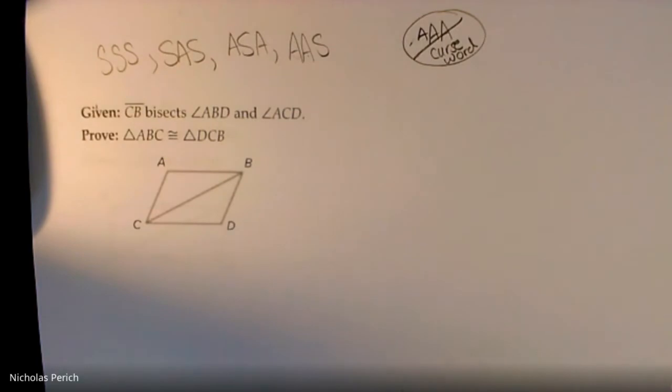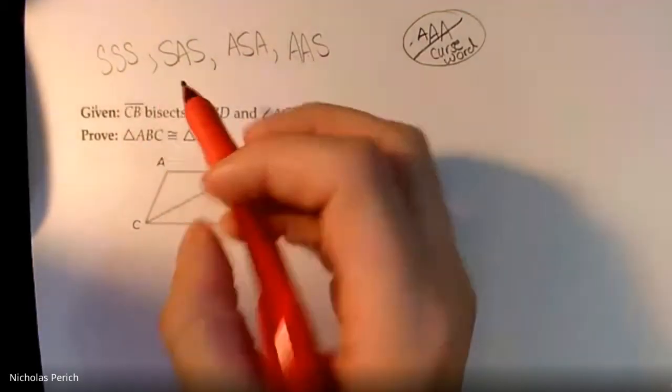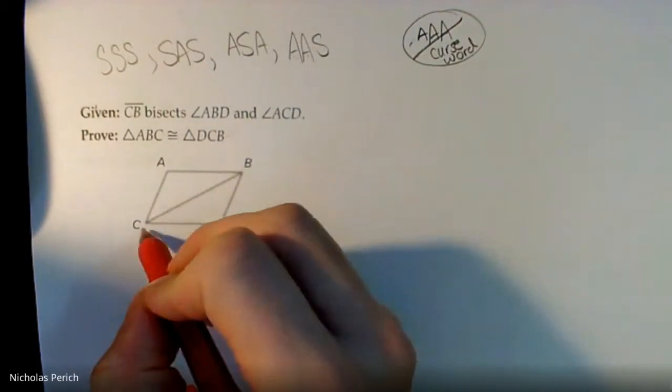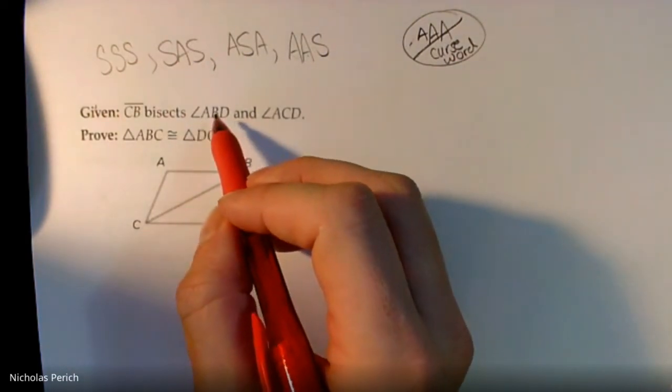What does bisect mean again? Put it in the chat or remind me what it means. When it divides into two. Okay, good. So line CB bisects ABD.